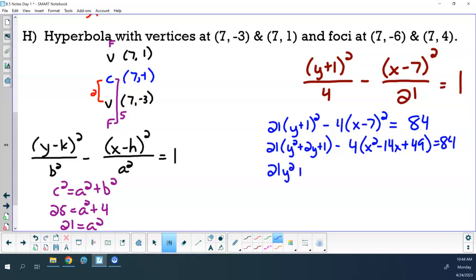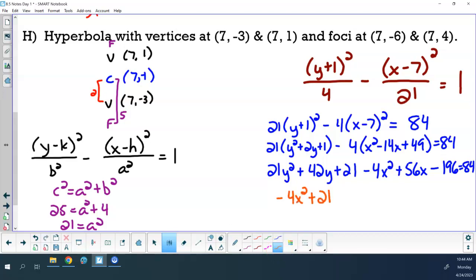And so then that would give us 21y squared plus 42y plus 21, minus 4x squared plus 56x minus 196, equals 84. Then we could say here then negative 4x squared plus 21y squared. The reason I wrote it this way is because this still signifies a hyperbola.